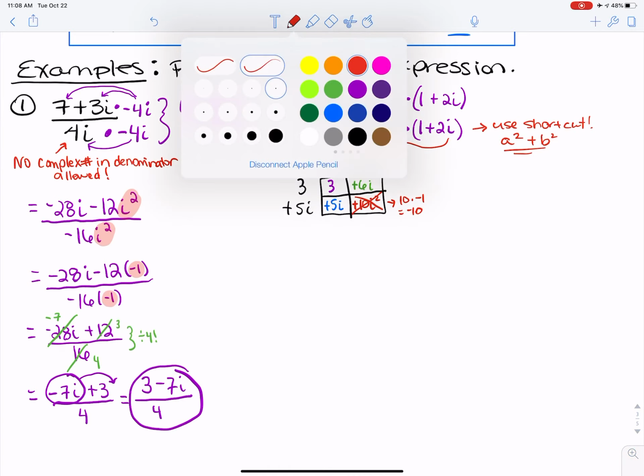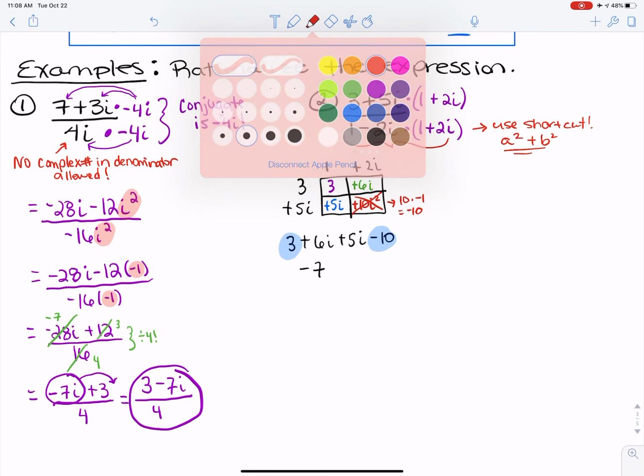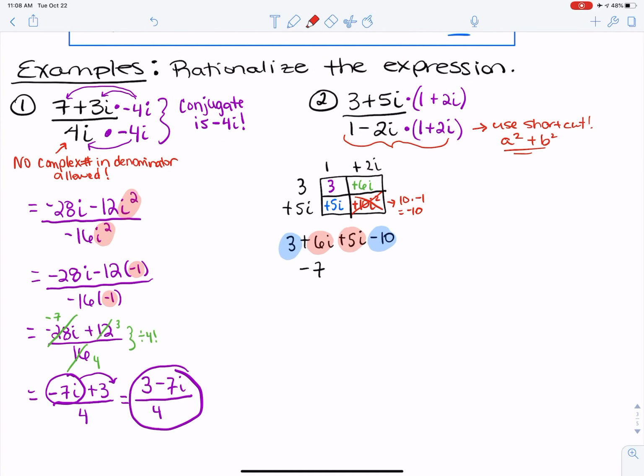And our numerator is now going to be 3 plus 6i plus 5i minus 10. If I simplify that, let's do real with real. So that is 3 and negative 10, which is negative 7, plus the imaginary with imaginary, 6i and 5i, so that is plus 11i. And that is the top. So we're not quite done, but this is the top, or the numerator.